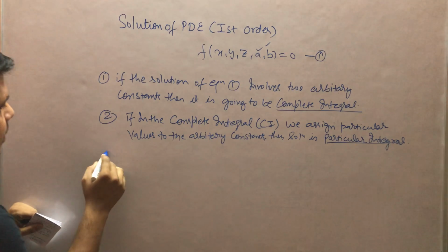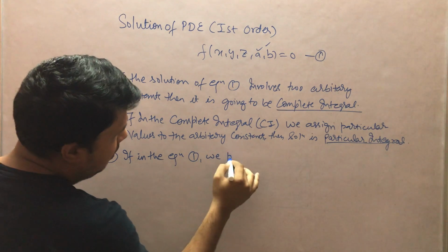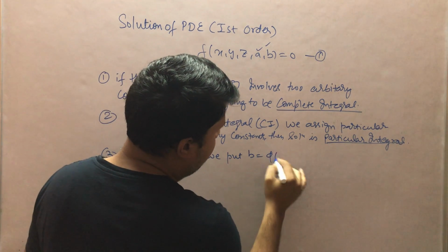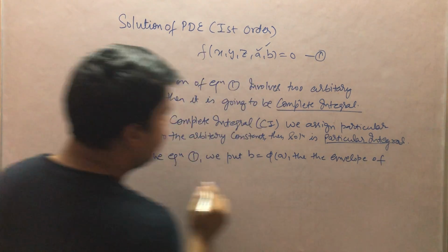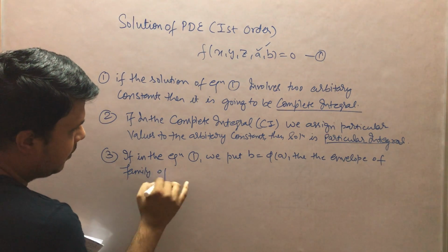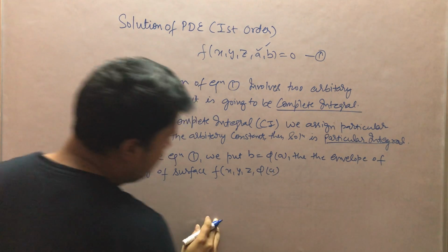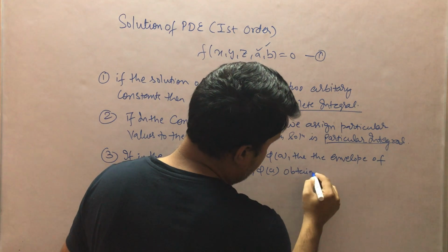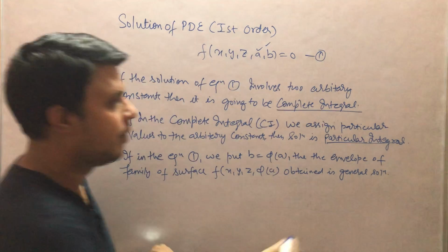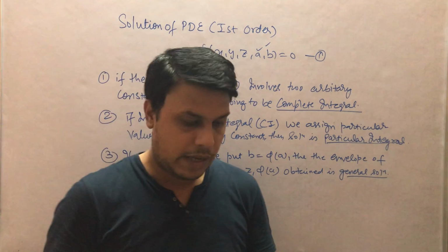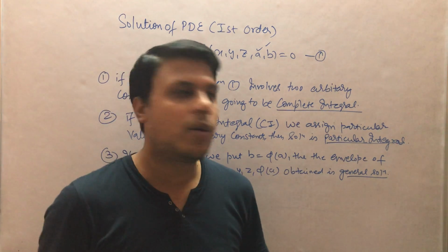And third, if we are able to have some relationship between the arbitrary constants, and we put that relationship in the equation itself, then the solution so obtained is called the general solution.